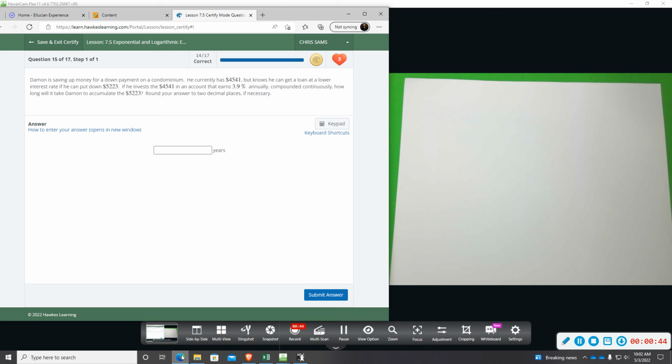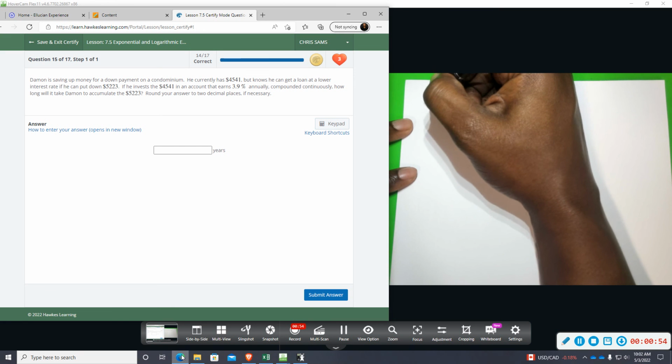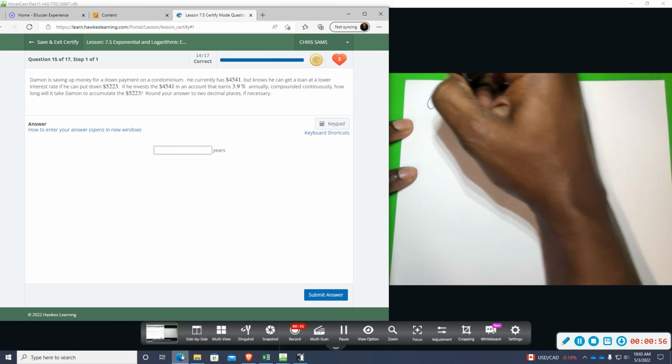So this is one of the formulas I don't believe the text showed. There are interest formulas. So you have compound interest.